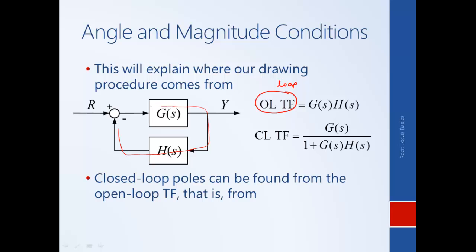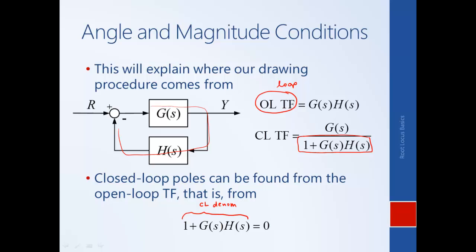Now let's think about where the closed loop poles come from. Closed loop poles are values of S that make the denominator of the closed loop transfer function equal to 0. So the closed loop poles can simply be found from this equation, where this is the closed loop denominator.